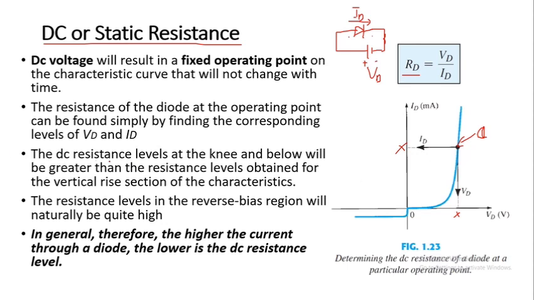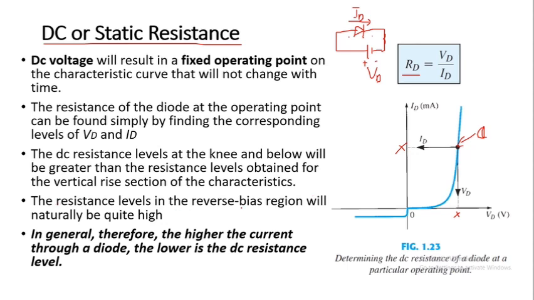The DC resistance level at the knee and below will be greater than the resistance level obtained for the vertical rise section of the characteristic curve. This means if you want to find DC resistance beyond the knee voltage, or higher than knee voltage, then the value of resistance will be less as compared to the resistance in all these regions to the left side of knee voltage.